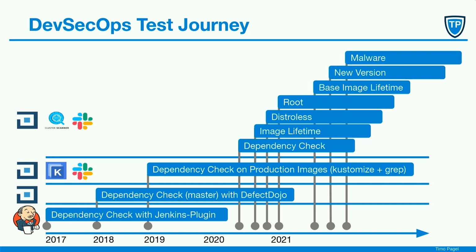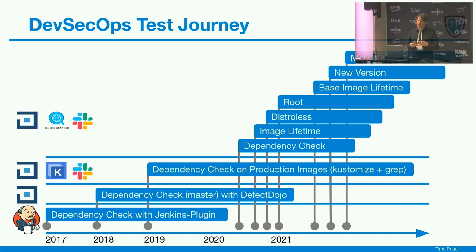You would like to do it in the pipeline, but there you get the problem that malware scanners mostly use pattern matching, and often it takes up to half a year until they have the pattern for specific malware or crypto miners. So, from my point of view, you should scan the production images.